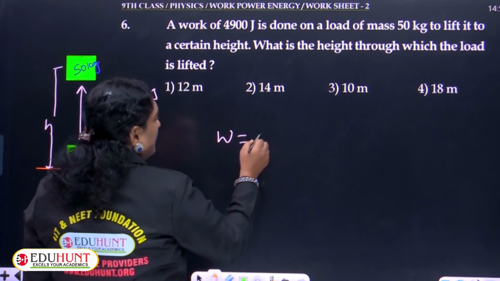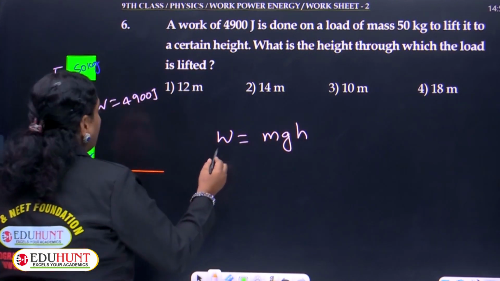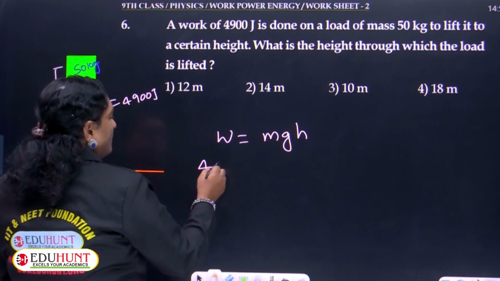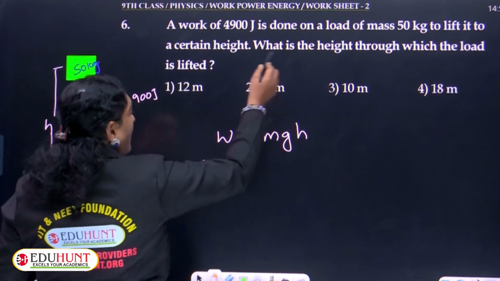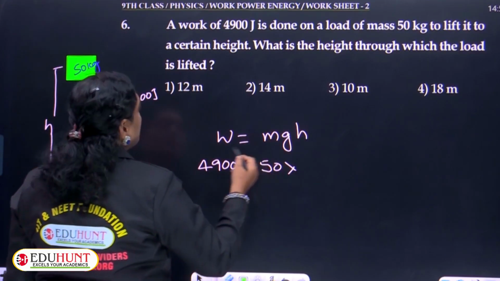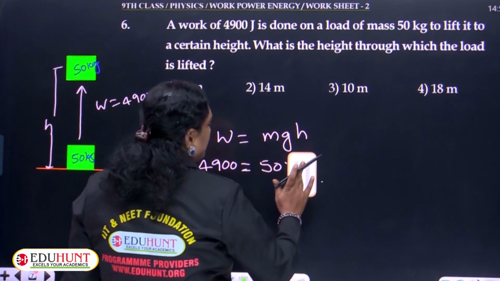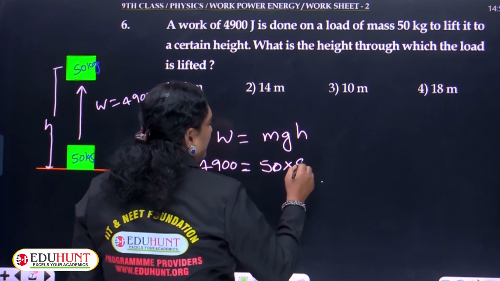So, from the formula W equals mgh, weight of the body into height, W itself is given as 4,900, mass of the block is given as 50 kg, and acceleration due to gravity, as they haven't given, you can either take the value as 9.8 or 10.